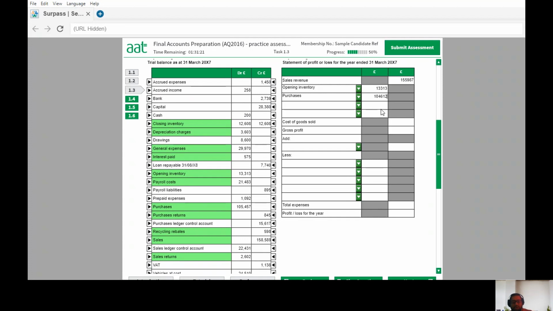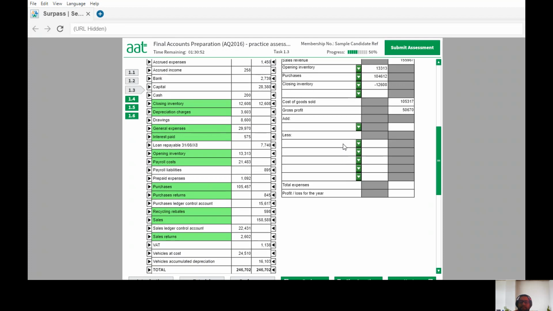And then we also have the closing inventory entry, which is going to be a negative figure of 12,608. Okay, so this is going to be recorded on this side. Once you've done them all, you have the cost of goods sold. If you add these two and take that away, it's going to be 105,317. So we have that, and your gross profit is going to be 50,670 pounds.